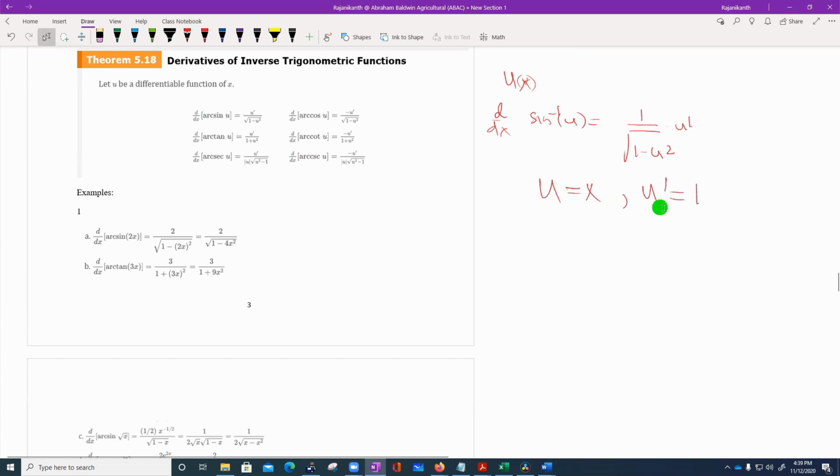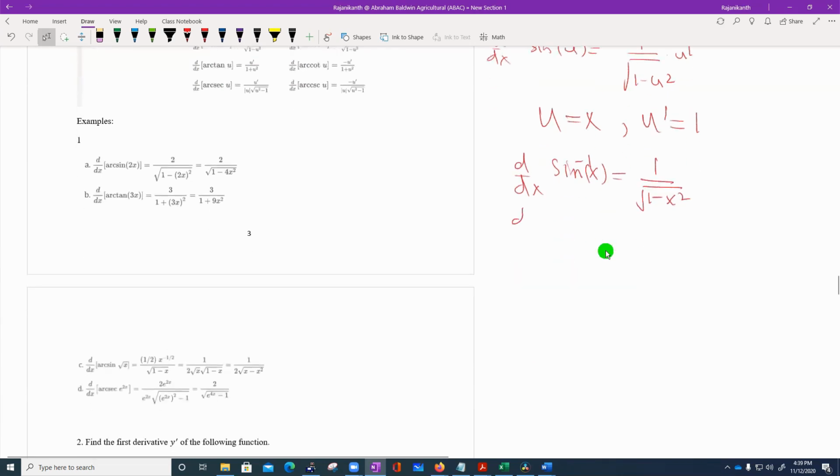So if you plug these two values into all these formulas, you will get what? The derivative of sine inverse x is simply 1 over the square root of 1 minus x squared. This is the basic formula I'm writing here. The derivative of cosine inverse x is the same thing but negative. The derivative of tangent inverse x is 1 over 1 plus x squared.